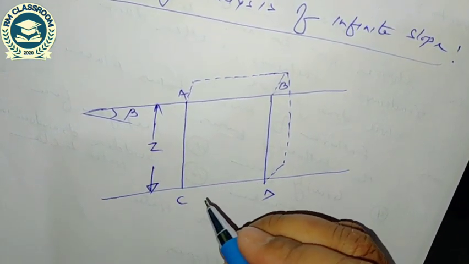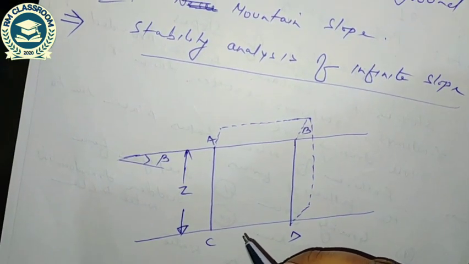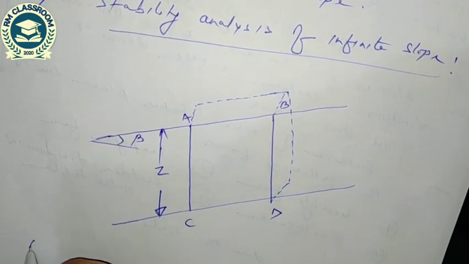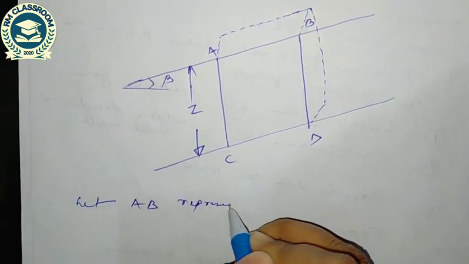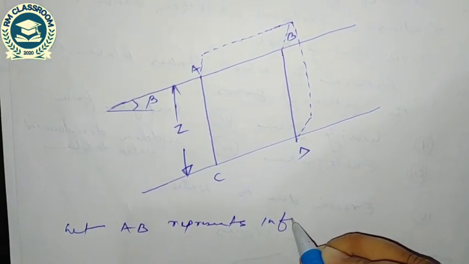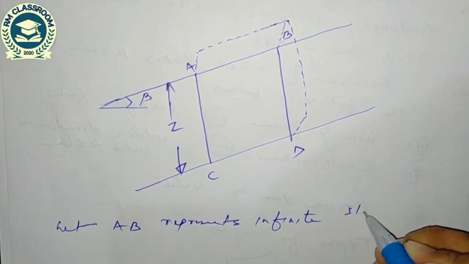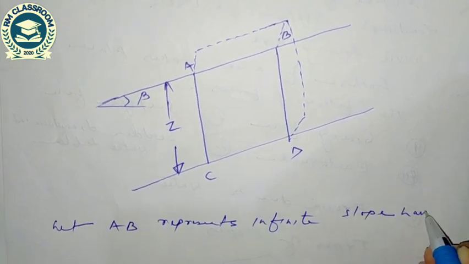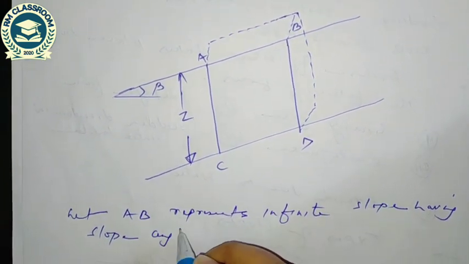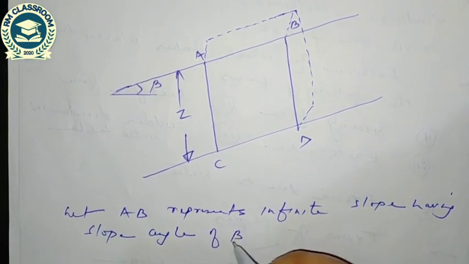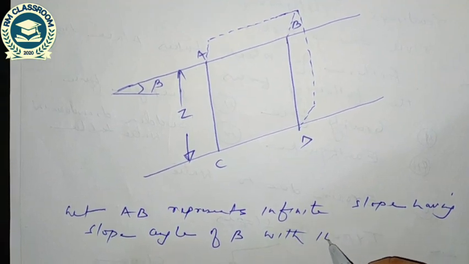So AB and CD. Let AB represent infinite slope having slope angle of beta with the horizontal.